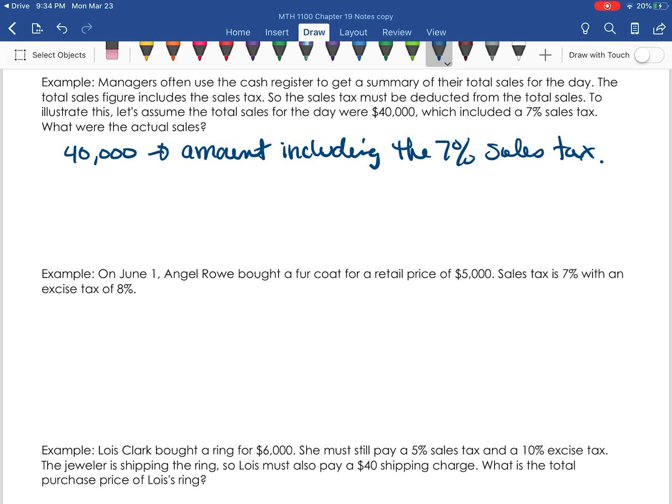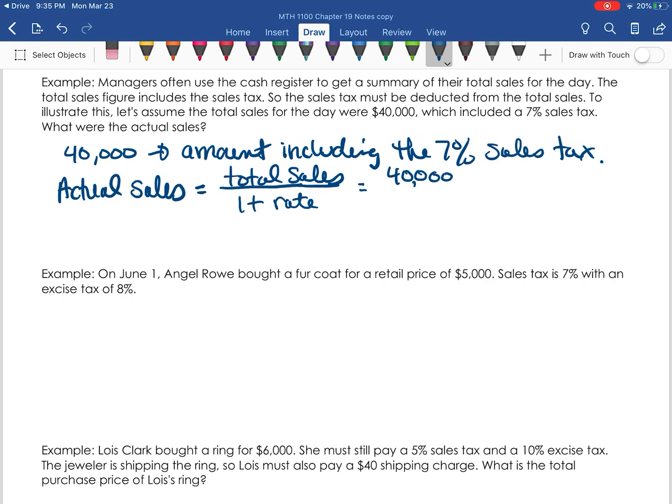If you go back and look at your formula sheet, we had a formula for actual sales. The formula is where you take the total sales and divide by 1 plus the rate. Our total sales was $40,000, that was with the 7%. And I take 1 plus the rate. The rate as a decimal would be 0.07, so when I add it to 1, I get 1.07.